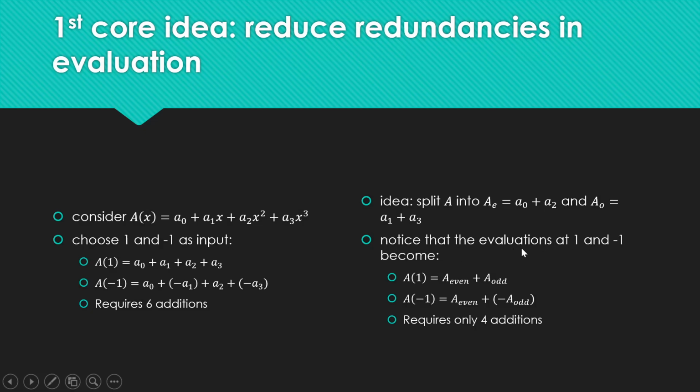Notice that the evaluations become A(1) equals A even plus A odd, and A(negative 1) equals A even minus A odd. So the point is, we compute A even once and A odd once, and then reuse the computation. So now it only requires 4 additions. So 1, 2, 3, and 4. So can we generalize this?